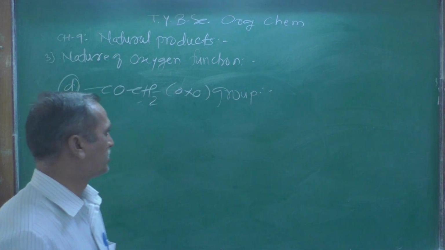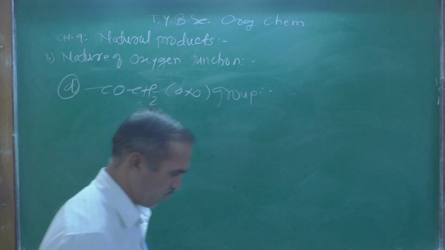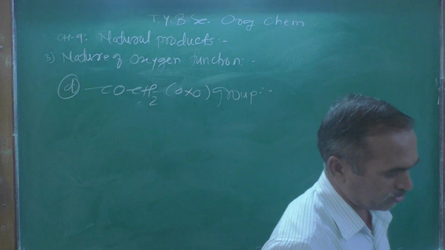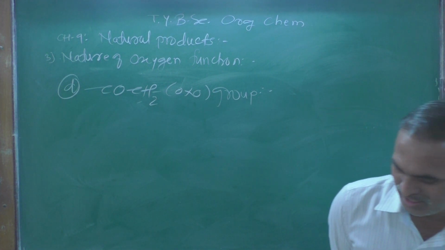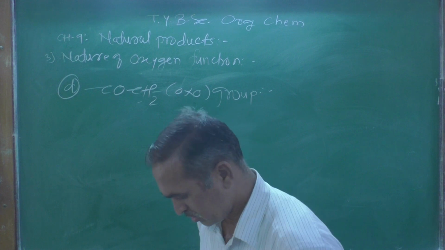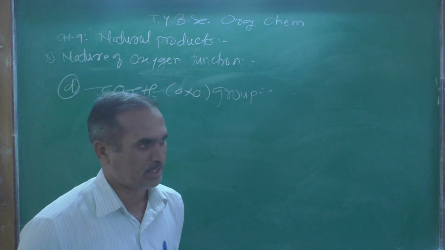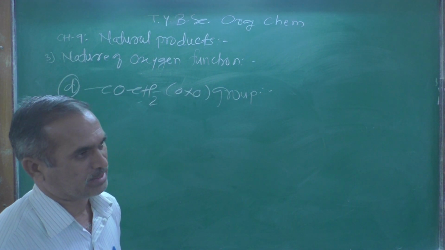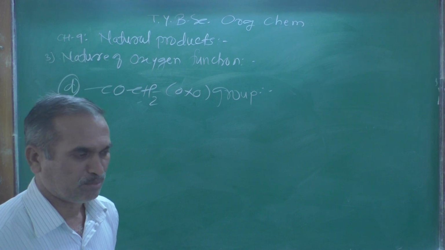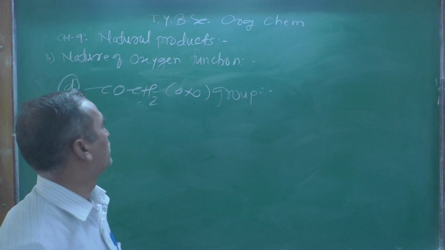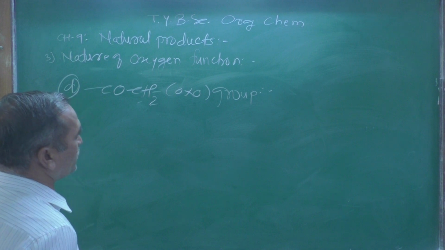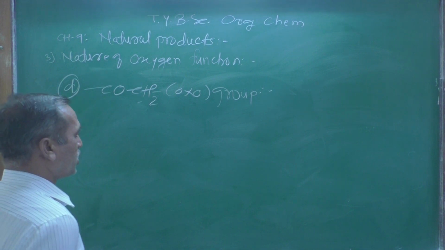When both derivatives are formed, one is the oxime derivative and with benzaldehyde it gives the benzylidene derivative, and both clearly indicate that the COCH2 group is present in the alkaloid.